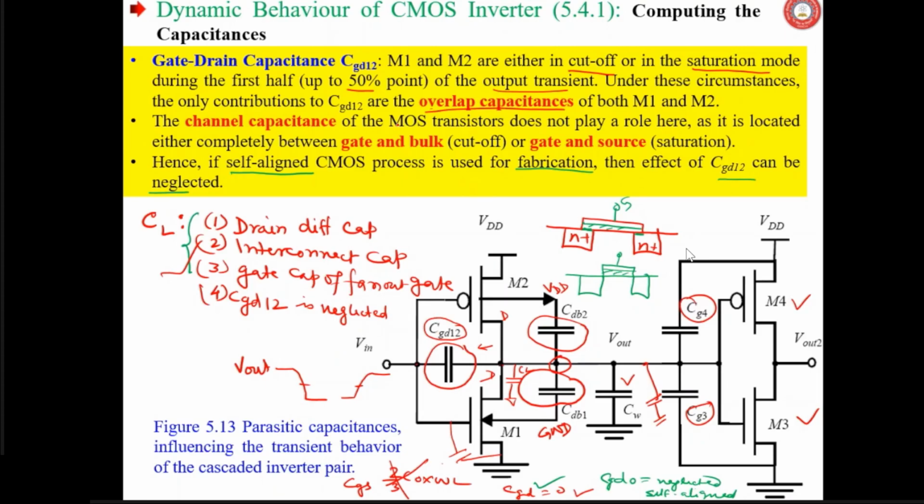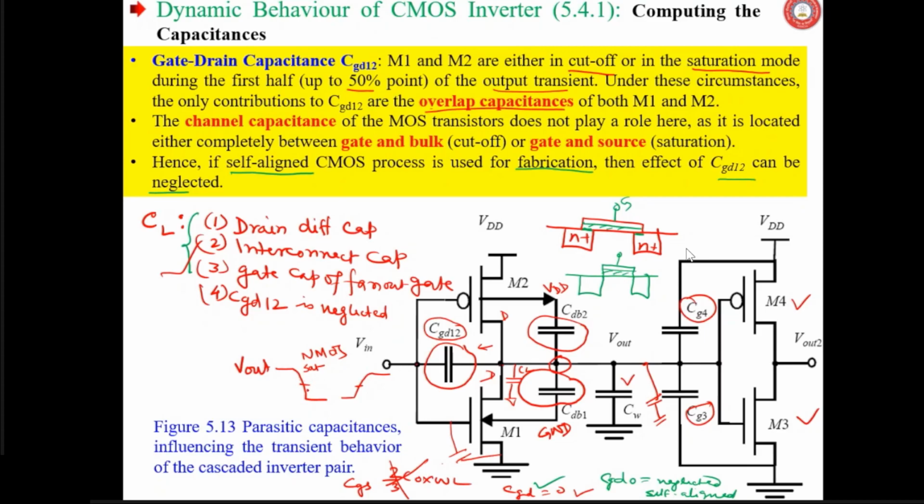So you'll see that when the output is falling from high to low, then the NMOS is in which region? NMOS is initially cut off, then saturation.